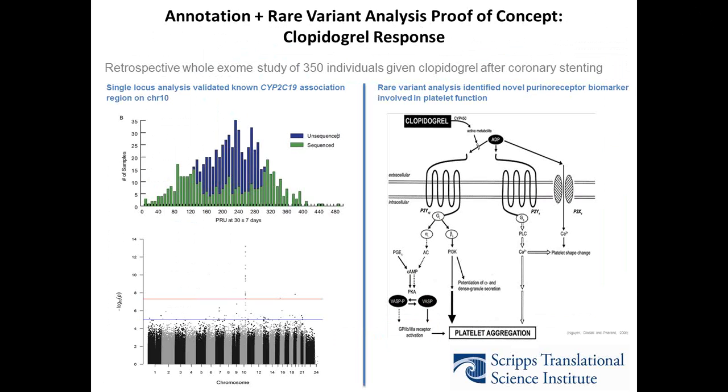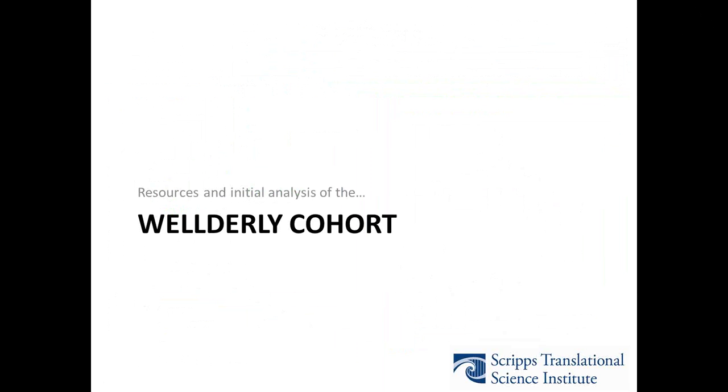So clopidogrel acts through a P2Y receptor, and we identified another P2X receptor that is statistically enriched with rare variants that differentiate responders from non-responders. So this is a proof of concept that this approach seems to work, and we're hoping to apply it to the Wellderly.